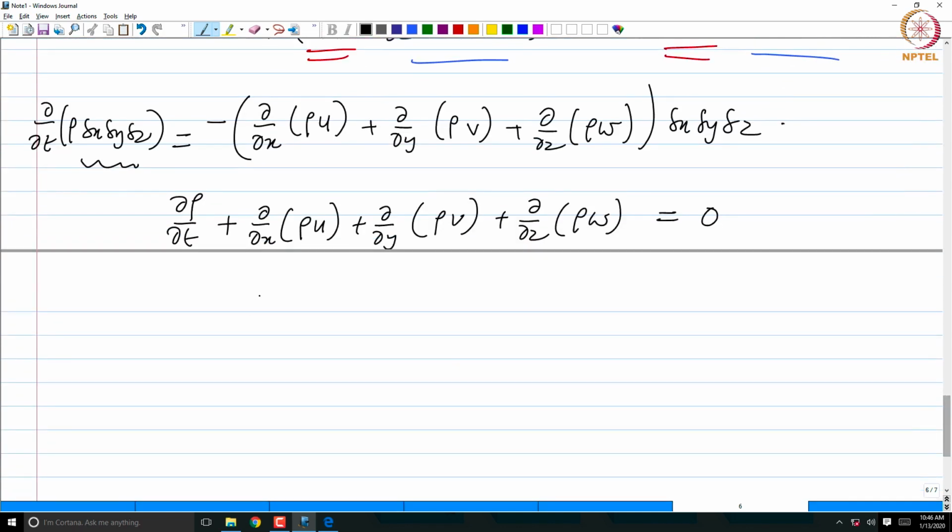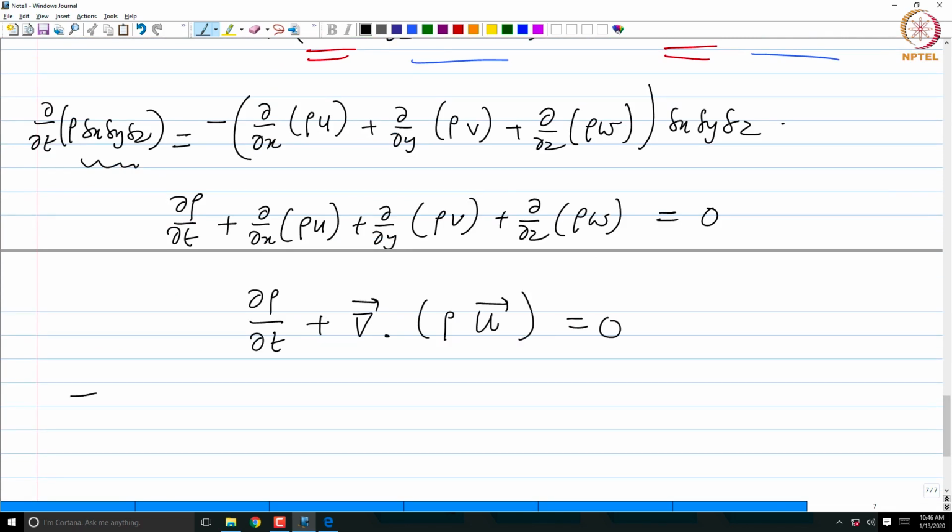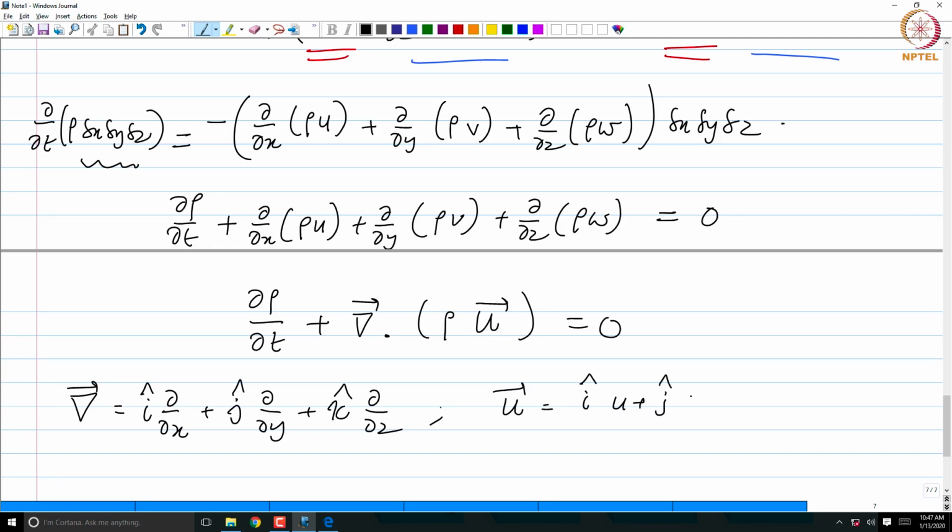In a shorthand notation, we can write it as partial rho partial t plus nabla dot rho u bar equals 0, where del is partial x i hat, plus partial y j hat, plus partial z k hat, and u bar is i hat u plus j hat v plus k hat w.